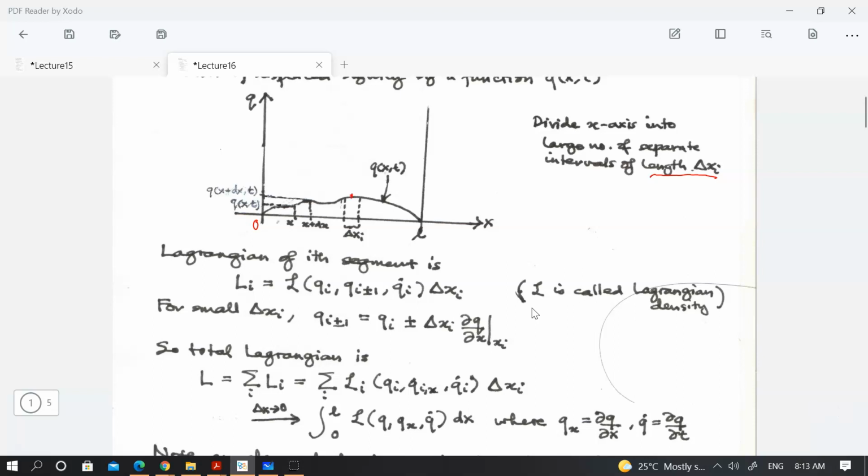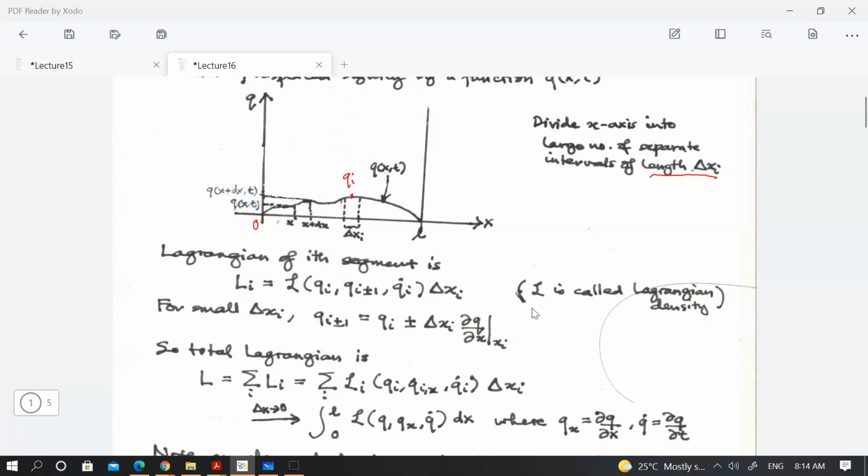Here one can think of this as q_i, a segment of the string, and in each segment one considers a Lagrangian.